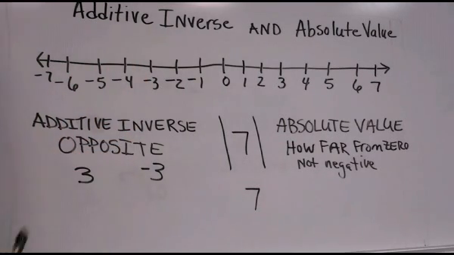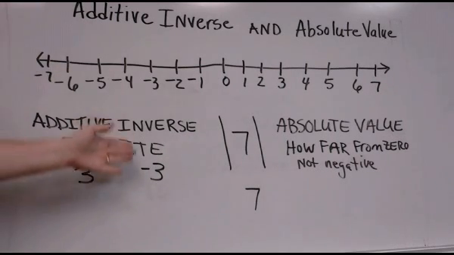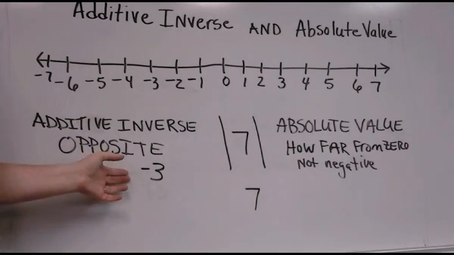Additive inverse means opposite. So, think in your mind, what's the additive inverse of 4? -4. What's the absolute value of 5? 5. What's the additive inverse of 2? -2.